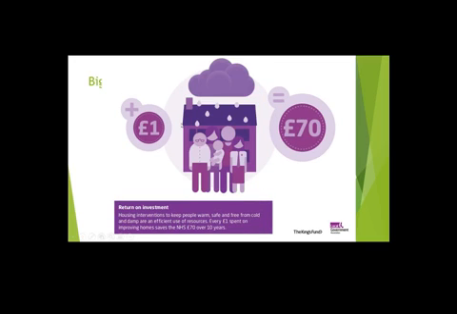Also, for a housing intervention, £1 spent there is equivalent to £70 spent in the NHS. So, in essence, this gives us a framework or an idea of how savings for the NHS can be made.